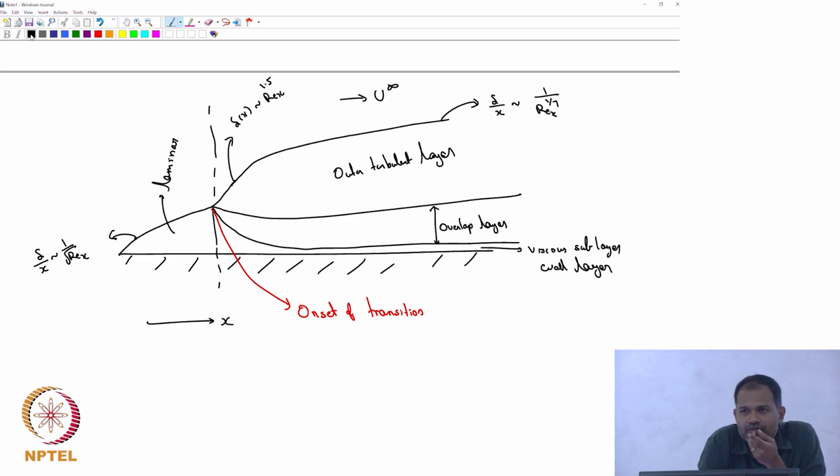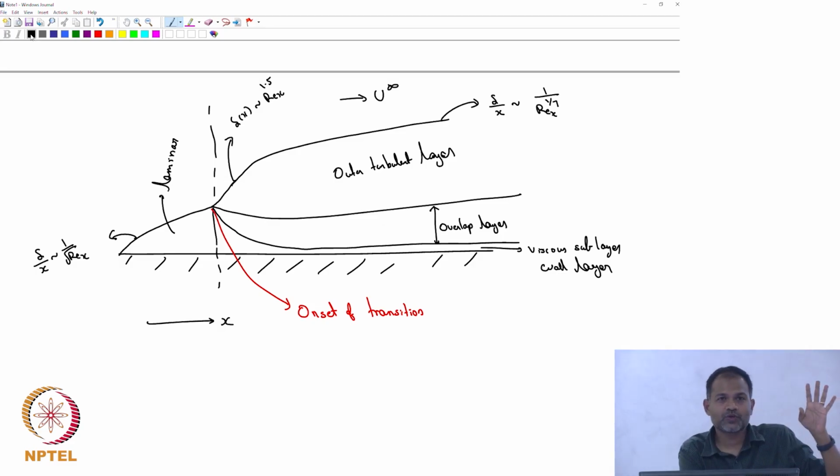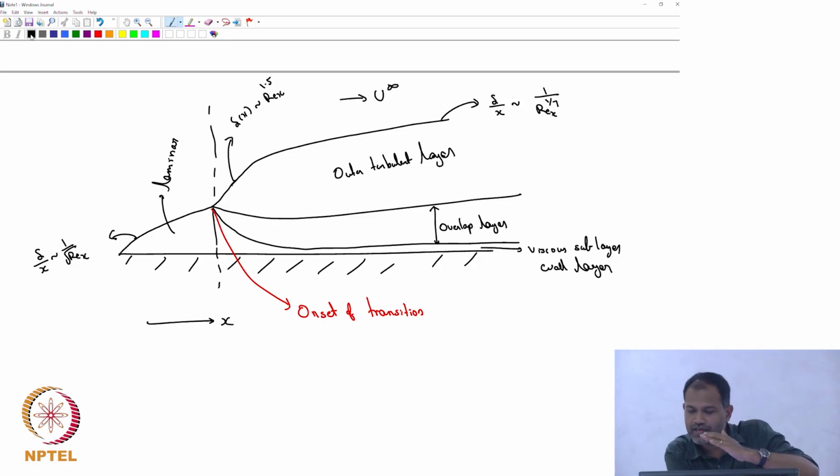Rex power 1.5, yes. In the laminar region, it's x to the power of half, or I have written it as delta by x is 1 by root of Rex. Immediately after the onset, it's going to be much faster, x to the power of 1.5, and then much further down it will be delta by x is 1 by Rex to the power of 1 by 7.